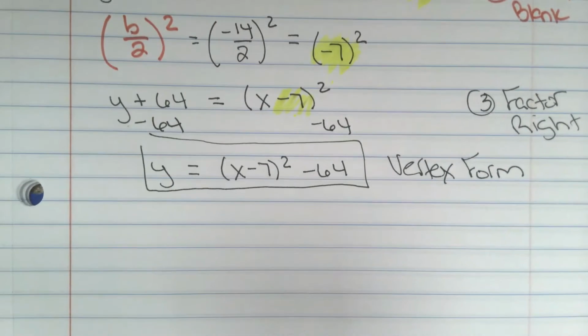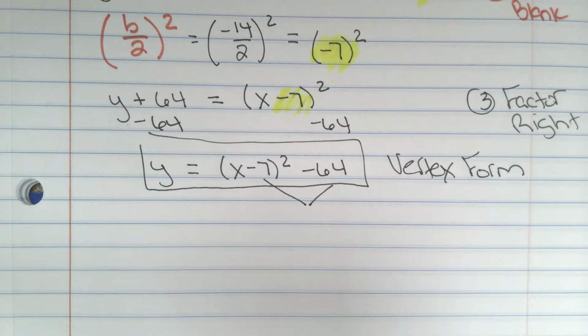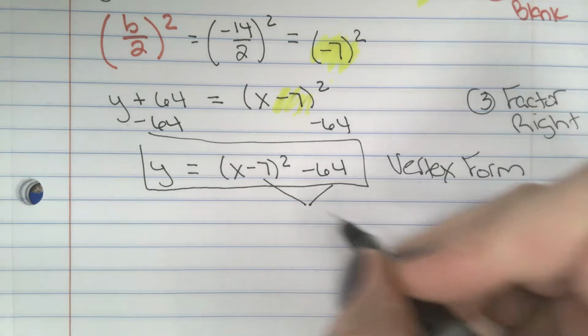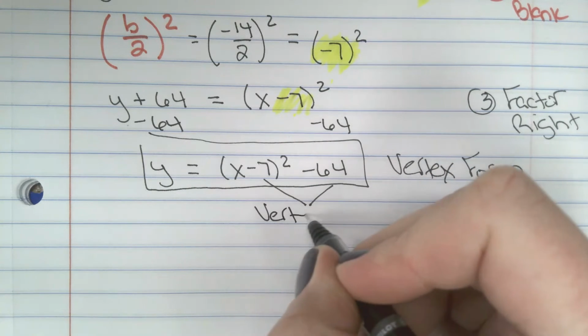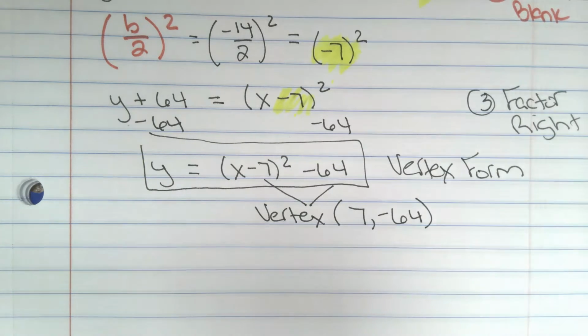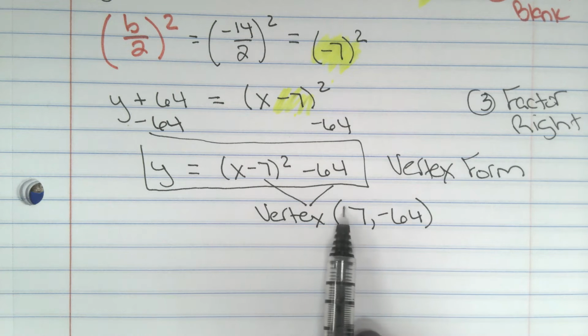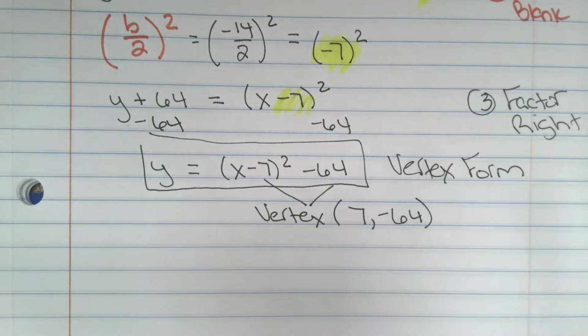And I can tell different information. I can tell the coordinates of the vertex by looking at those two numbers right there. And I know that my vertex is located at 7, negative 64, because your x always lies to. So from here to here, you would just have a sign change.